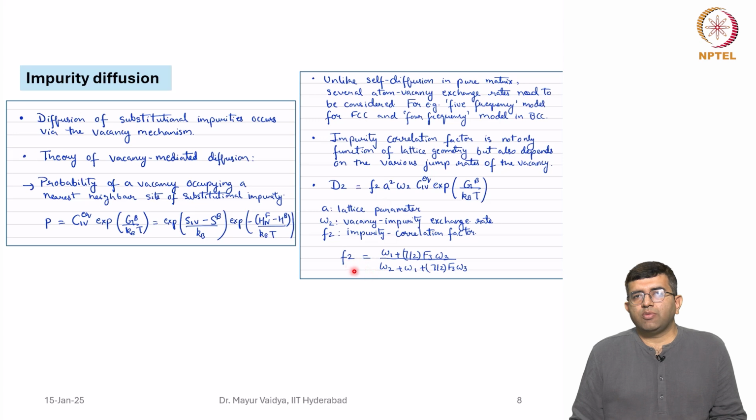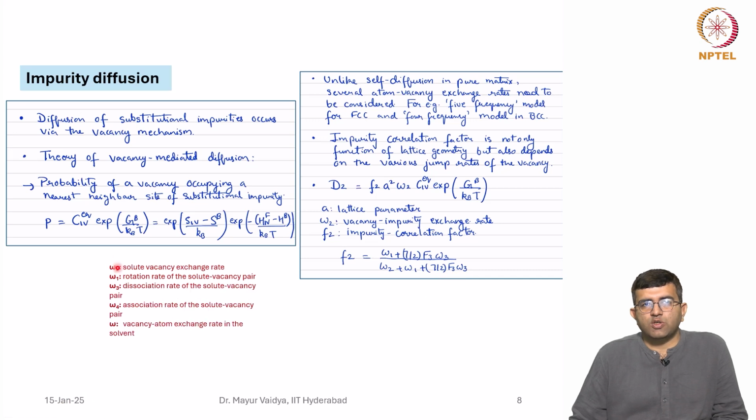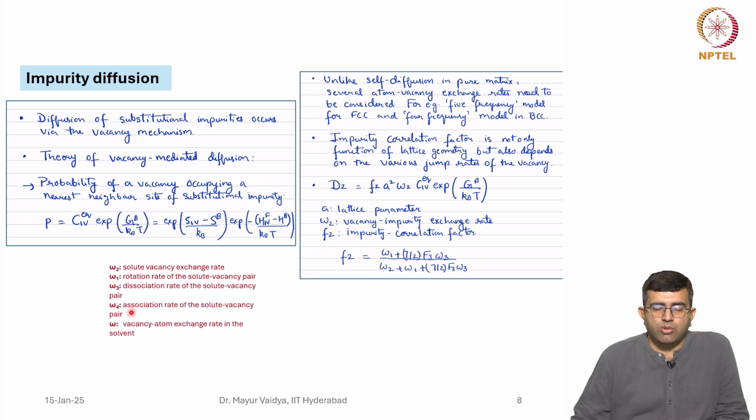For example, we see that the impurity correlation factor F2 is written as omega 1 plus 7 by 2 F3 omega 3 divided by omega 2 plus omega 1 plus 7 by 2 F3 omega 3. Just to remind you, these are the meanings of these omega. This we saw when we were talking about the correlation effects.